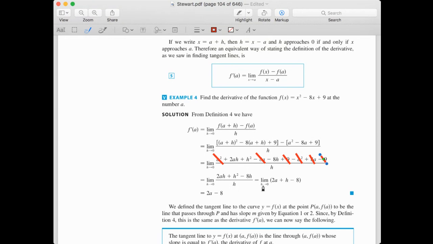Now we can plug in h equals 0. So with h equals 0, we're left with 2a minus 8. Remember, we're treating a as a number. So 2a minus 8 is just a number. So the limit of a number is just that number, 2a minus 8. If you give a some value, we can find out what it is.